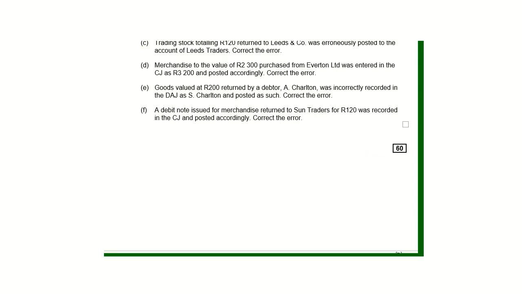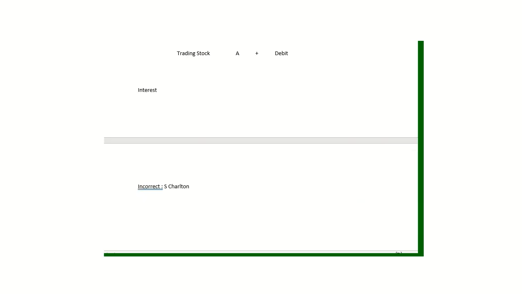What did we do with S Charlton? It was a DAJ, in other words, it's a debtor returning goods. So he's a debtor, which means he's an asset. He returned goods, so we made his account less. What side did we make it less? On the credit side. But it shouldn't be for him, so how will we get it out? We must do the opposite, so we must debit his account.